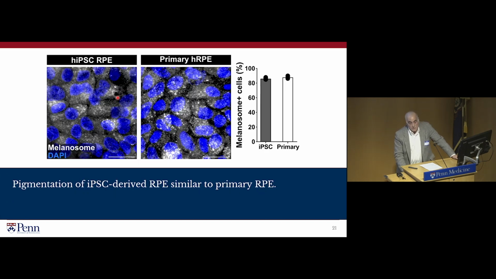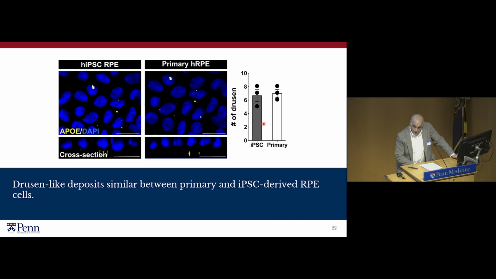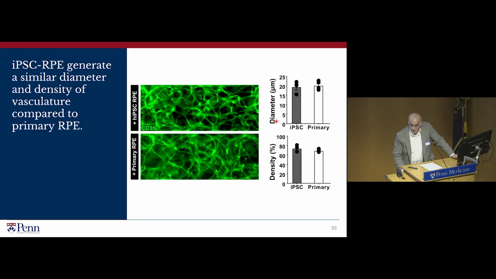We then asked the question, is the RPE derived from iPSCs any different from the primary RPE? And you can see that with respect to melanin content, there's no significant difference. There was no significant difference with respect to the number of drusen. And there was no difference with respect to vascular density.